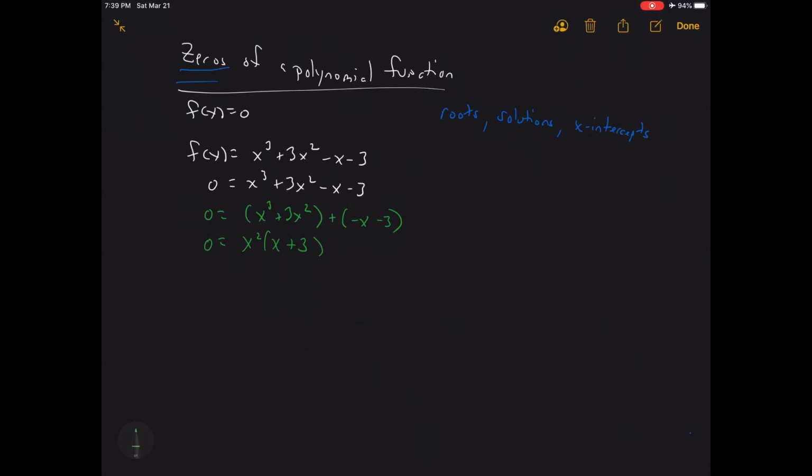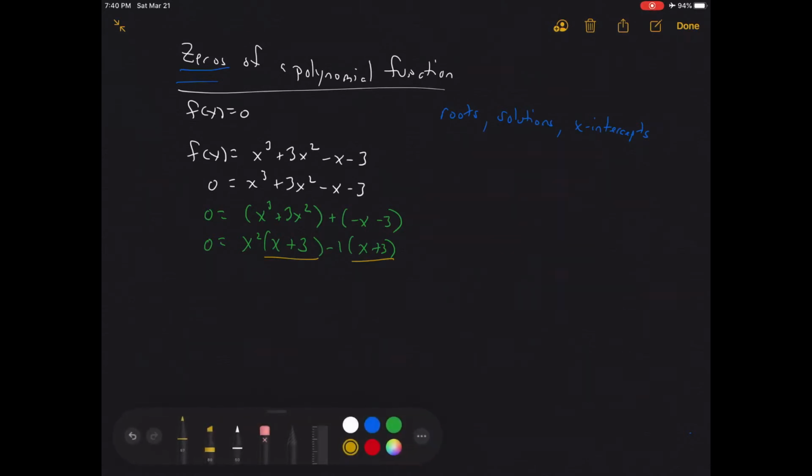And then in the second one, there's nothing really in common there other than those minus signs. So I can factor out a negative 1, and that'll leave me with x plus 3. And really, that's what we want. What we are looking for is that this is the same as this. Because if the two parentheses are not identical, then this factoring by grouping isn't going to work. But in this case, the two parentheses are identical.